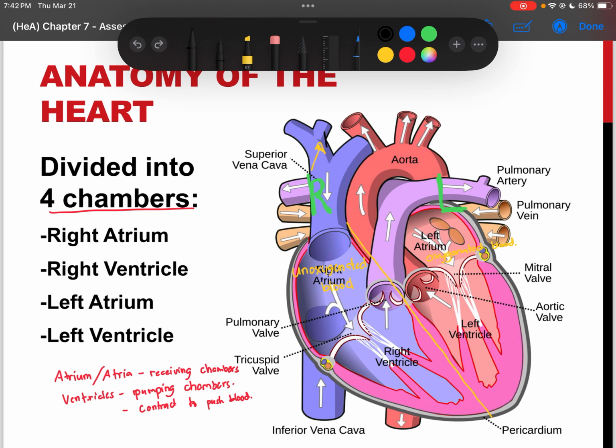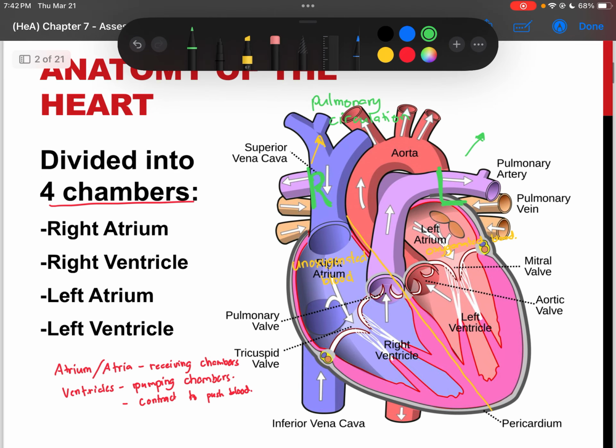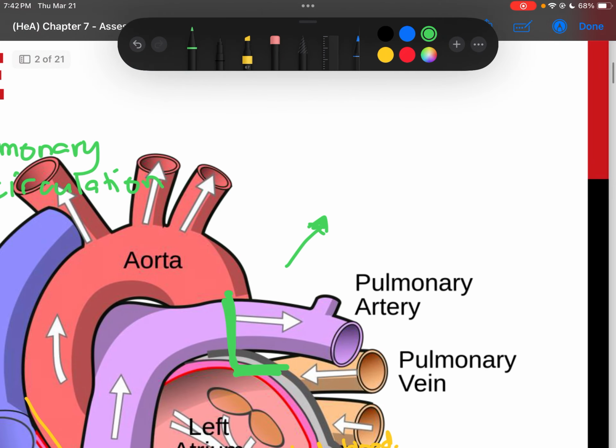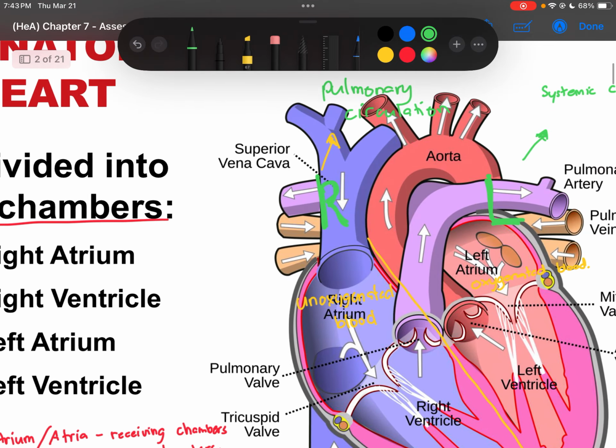It will send blood towards our lungs. Whereas our left side will send blood towards the rest of the system, otherwise known as our systemic circulation.